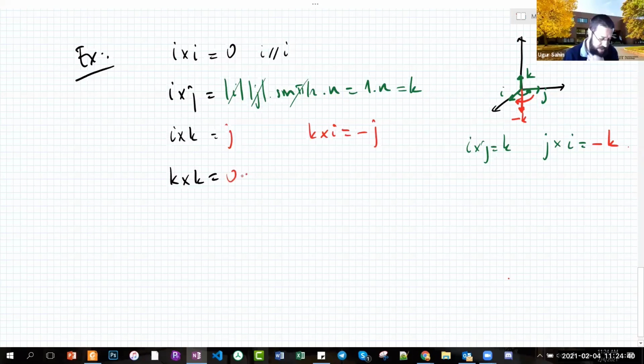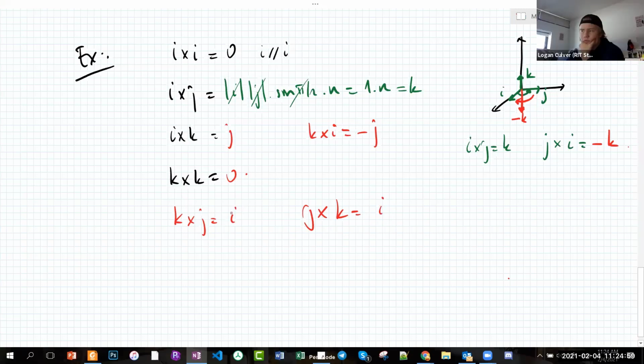Exactly, they are parallel. So I times J, we already did that. And then there are two other versions actually, K times J and then J times K. As you see now, it is gonna be I and then negative I.